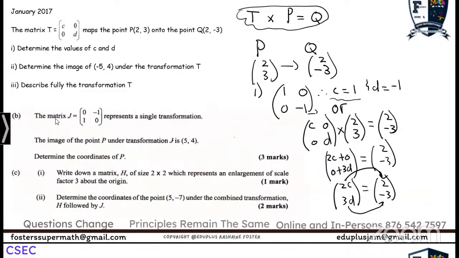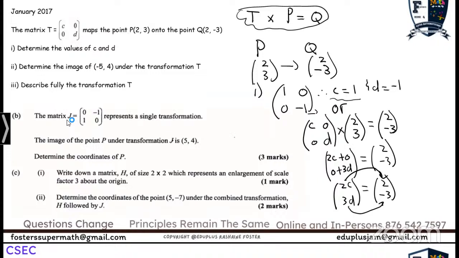So the matrix J equals 0, -1, 1, 0 represents a single transformation. The image of the point P under transformation J is 5, 4. I remember it never says P is 5, 4. It says the image of P is 5, 4. It now says determine the coordinates of P. Part C for that same question says write down a matrix H of size 2 by 2, which represents an enlargement of scale factor 3 about the origin.